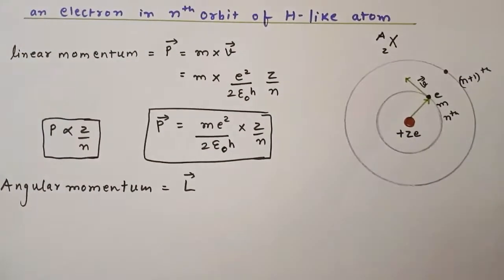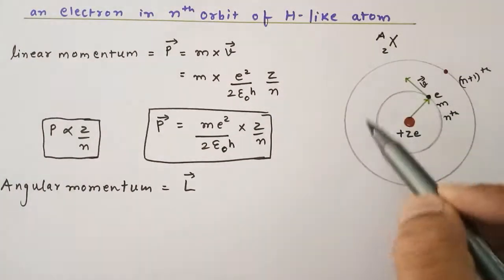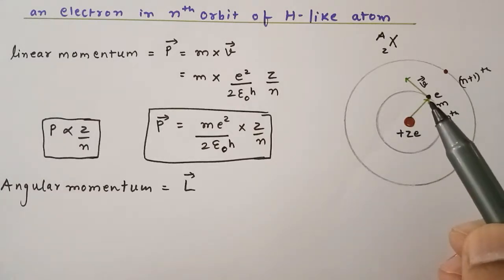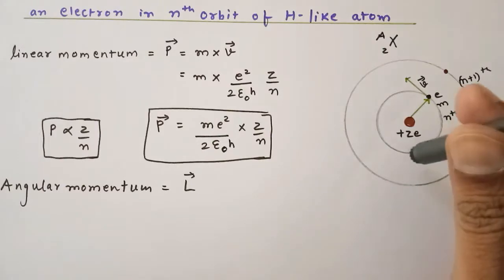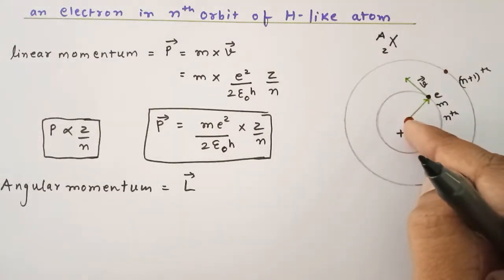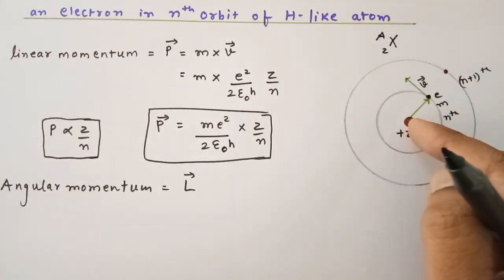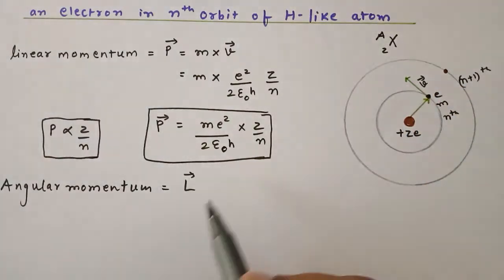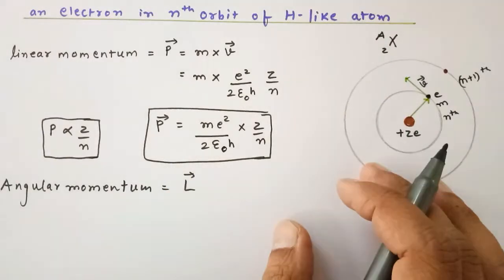So here if the electron is moving round and round, then the axis of rotation is from here towards you people. So a perpendicular line passing from the nucleus towards us is the axis of rotation, and that would be the direction of this vector.